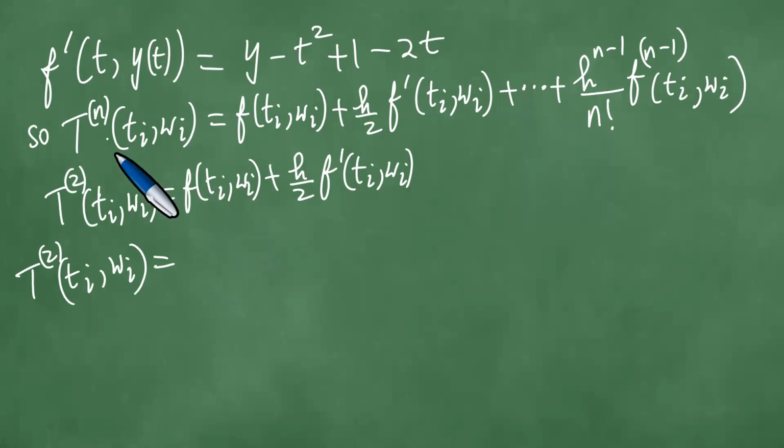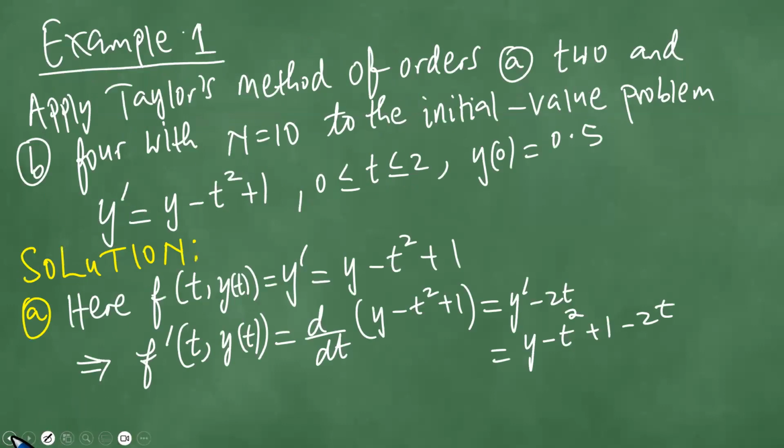What is f of ti? It's what they give us at the beginning. So f is y minus t squared plus 1, but in our notation it becomes wi minus ti squared plus 1.